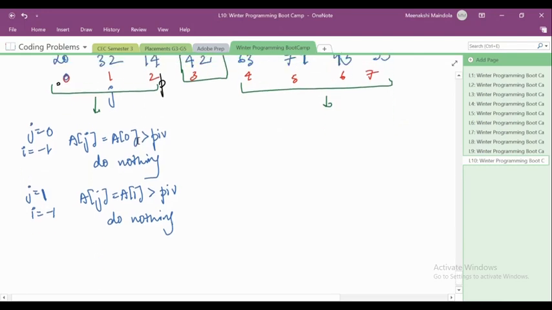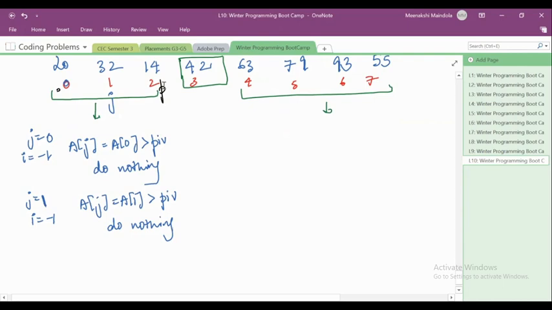So this means it is time that you swap. After the j loop has now ended, you swap a of i plus 1 and a of h, right? So you swap these two values.